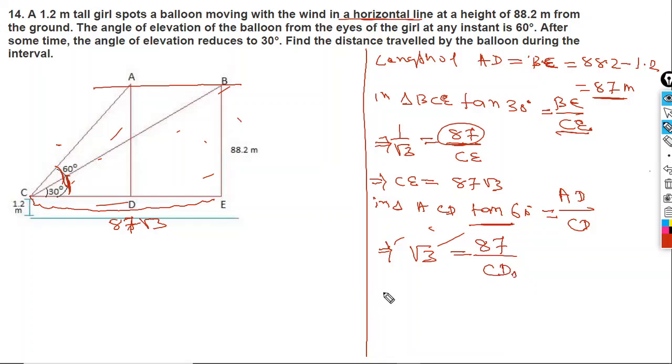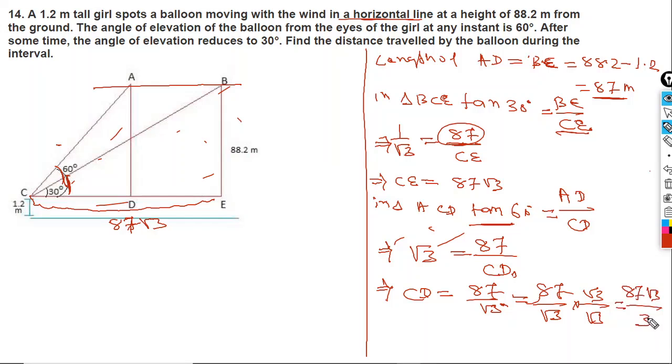This implies CD equals 87 by root 3. Now we'll rationalize it, which will be equal to 87 by root 3 into root 3 by root 3, which is 87 root 3 divided by 3. Now cancel it, it will be 29 root 3. So CD equals 29 root 3.